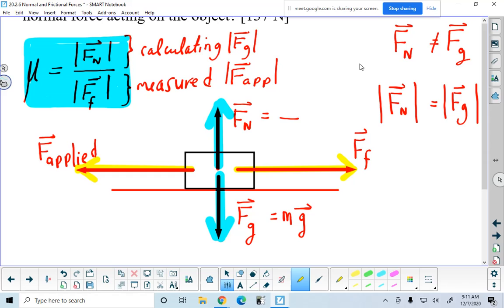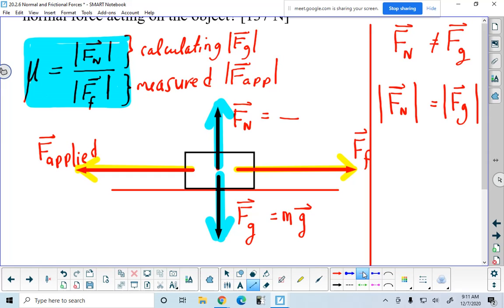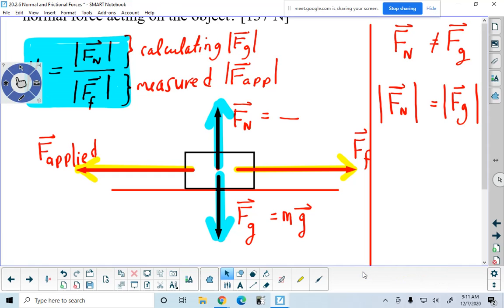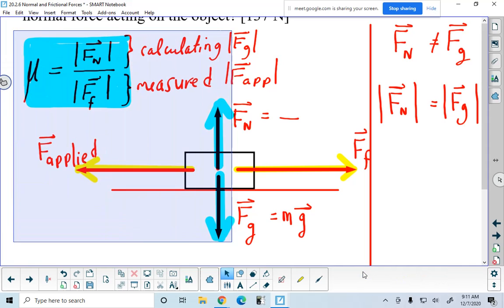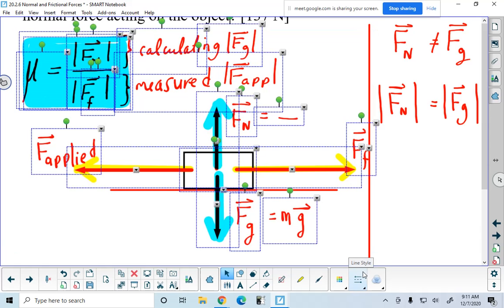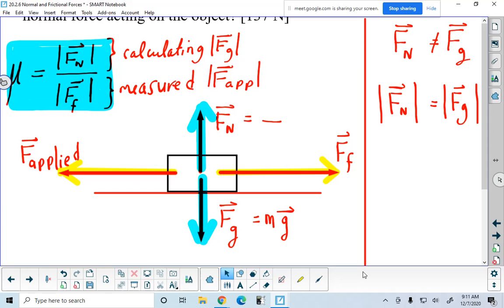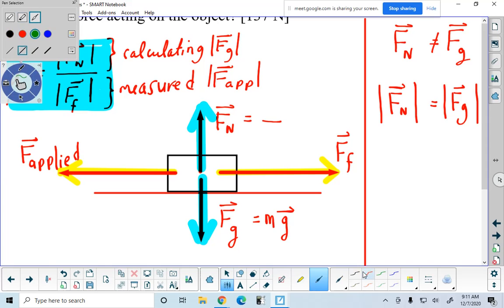We normally write it slightly differently. Let me reorganize my work here just to give myself a little bit more room. We normally see that force of friction formula written in the following way, that the magnitude of the force of friction is equal to the coefficient of friction multiplied by the magnitude of the normal force.